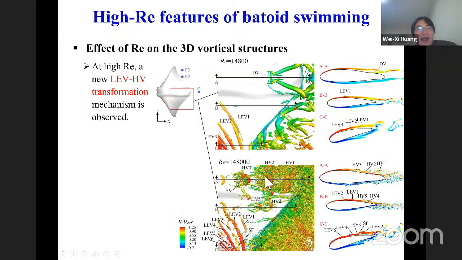And then we look in more detail at the vortical structures. At the lower Reynolds number, we can see the chord-wise vortical structures, from the leading edge.